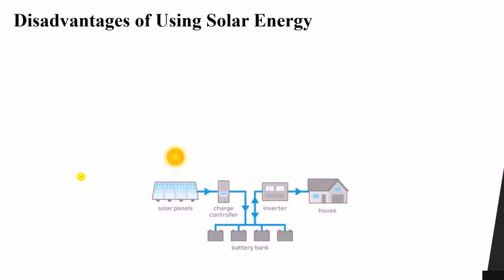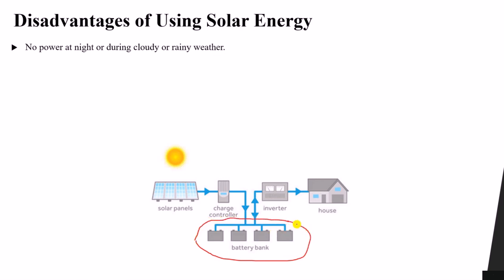Now, what are the disadvantages of using solar energy? Number one, no power at night or during cloudy or rainy weather. For example, at night there is no sun, which means there will be no power coming from the solar panels. That's why we need a battery to be charged by the solar panels to provide electrical power at night.